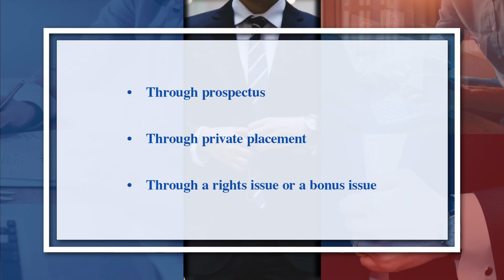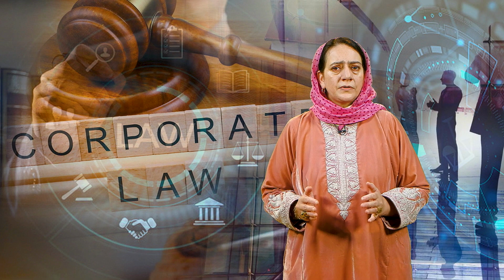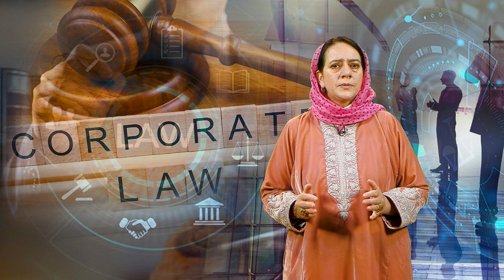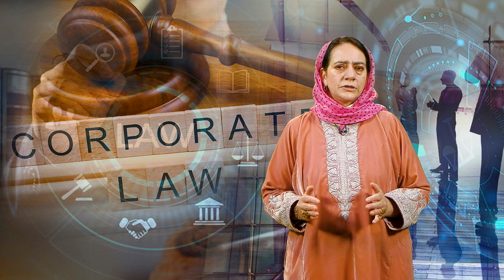A public company may issue securities to the public through prospectus or through private placement, or through a rights issue or a bonus issue as per the provisions of the Companies Act 2013. And in case of a listed company or a company which proposes for public issue, it must also comply with the provisions of the Securities and Exchange Board of India Act 1992 and the rules and regulations provided under it.